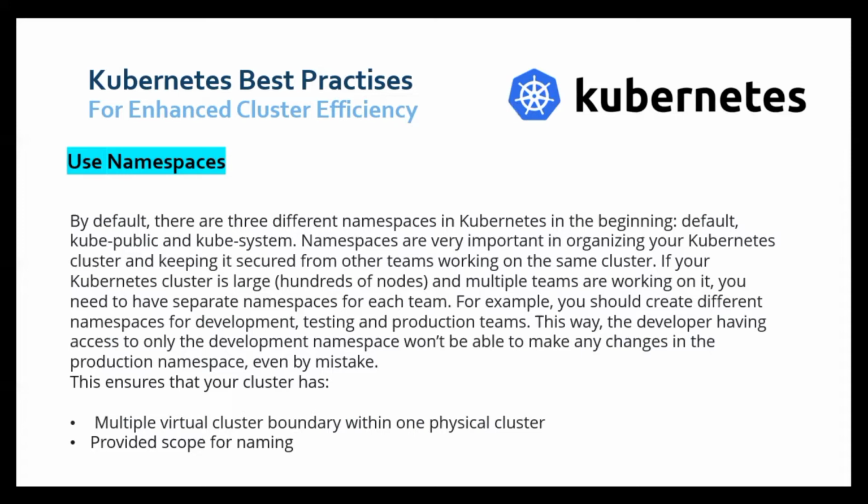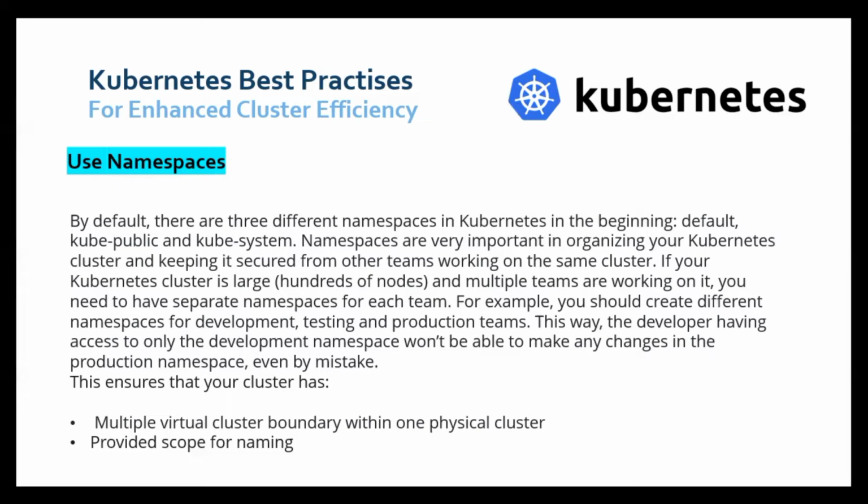So what does it ensure for you if you use namespaces? The first one is multiple virtual cluster boundaries within one physical cluster. As I already told, there will be a Kubernetes cluster which may have hundreds of nodes, and all 3 of your environments will be running in it: development, staging, and production.